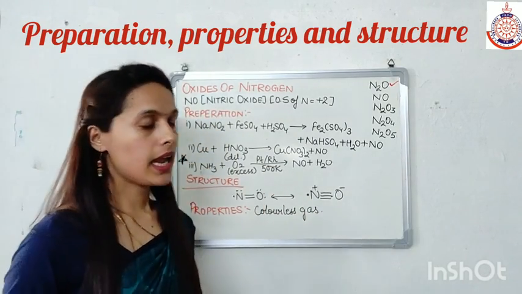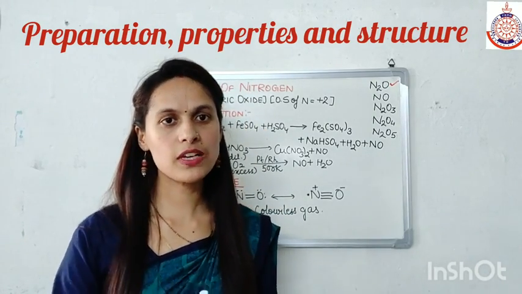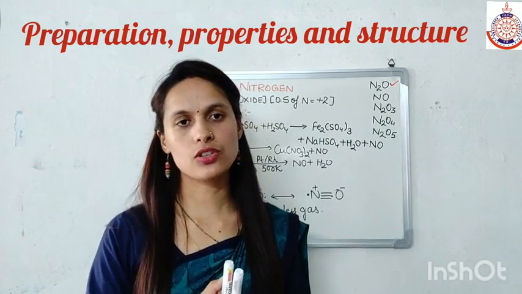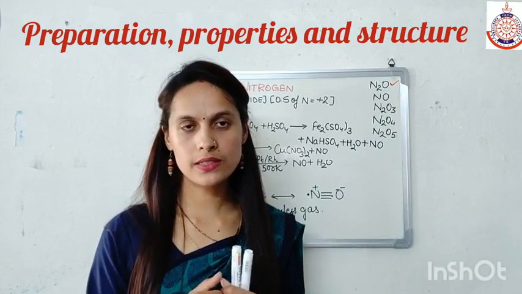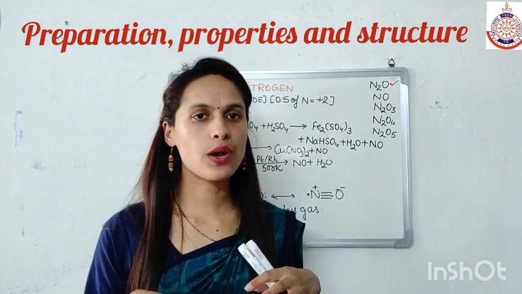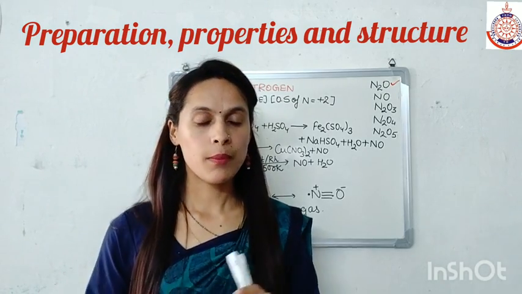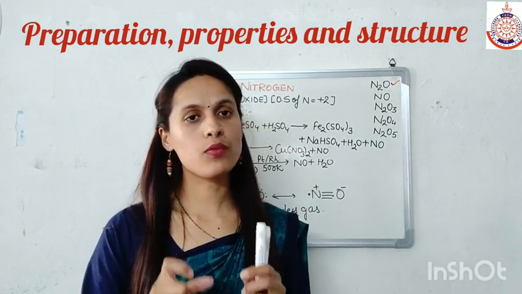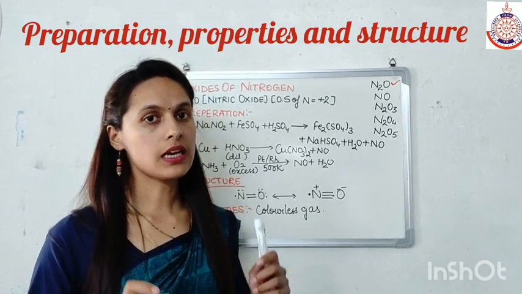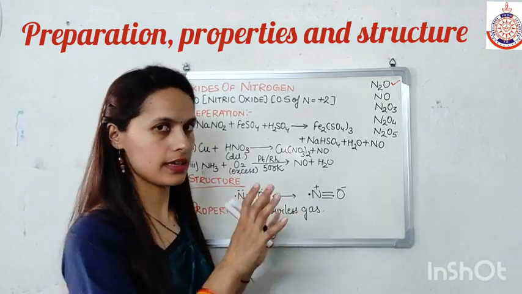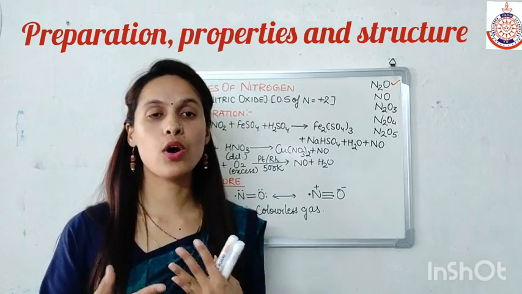Second thing, if we compress it, decrease the temperature, or increase the pressure, then it gets converted into solid or liquid state, and when it converts into solid or liquid state, it converts into N2O2 form. Means it is present in dimer form when it is in the solid and liquid state, not in the gaseous state. In the gaseous state it is like this only, that is NO. But when it gets converted into solid and liquid state, it forms a dimer.